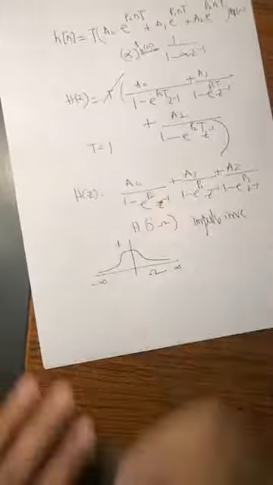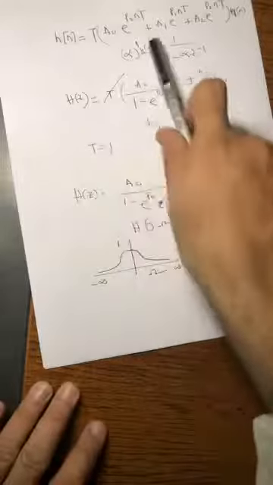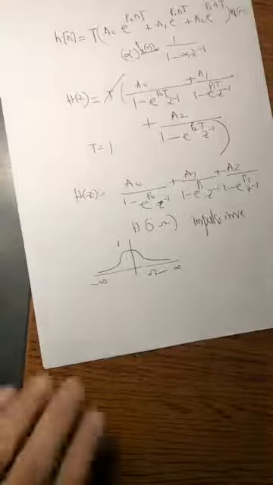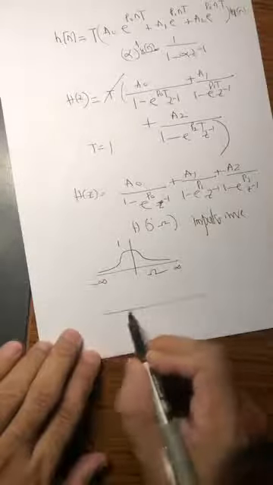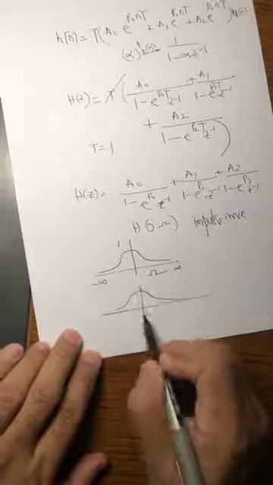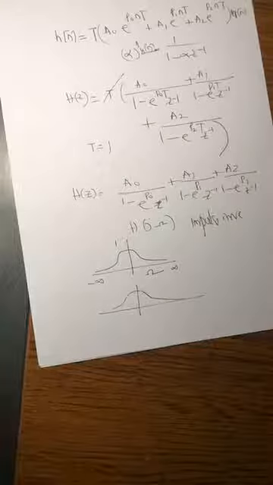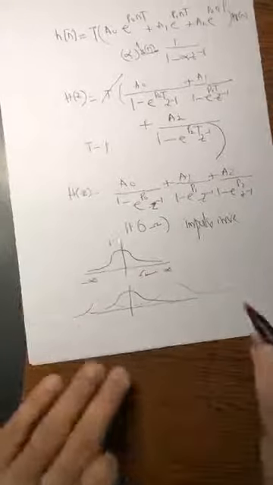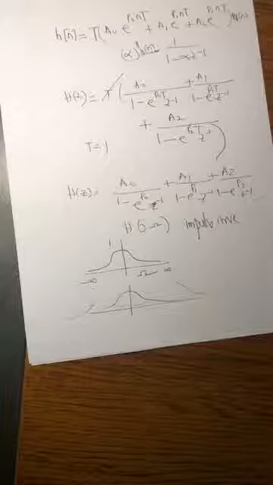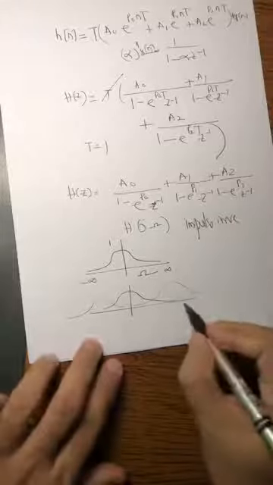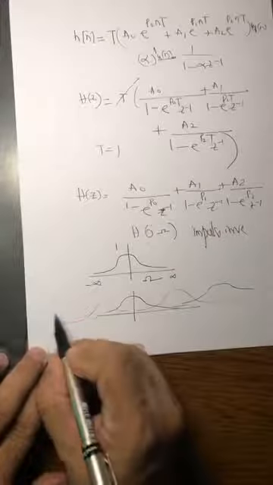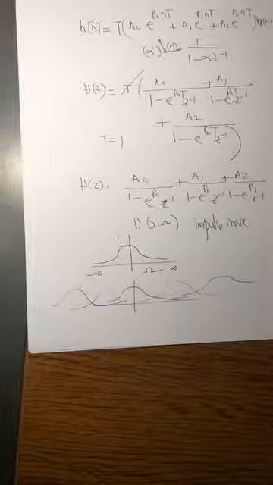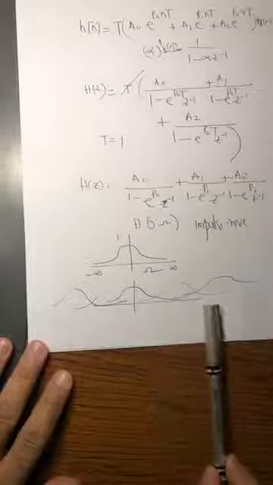Though it is a very good filter, once you go through its discretization, which is the process of sampling, you will be making copies of this at every 2 pi, at every sampling frequency. There is going to be a copy, then another copy, and yet another copy. What will happen? Alias, alias, alias.